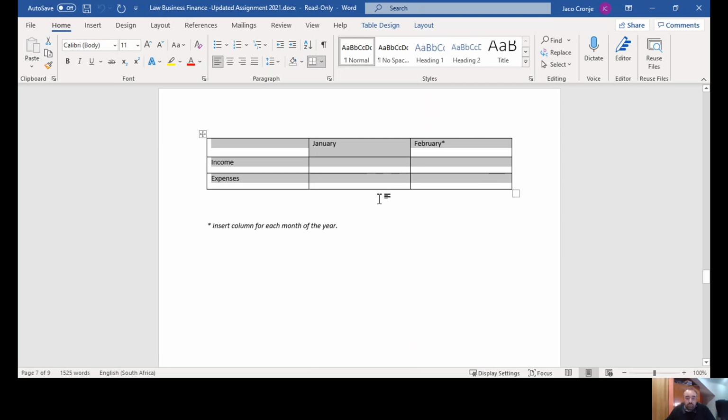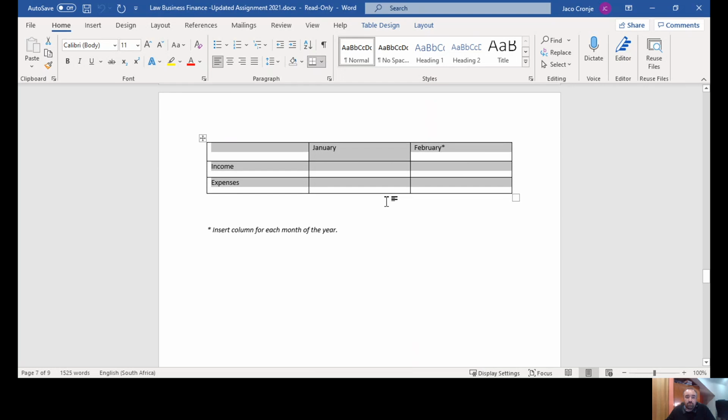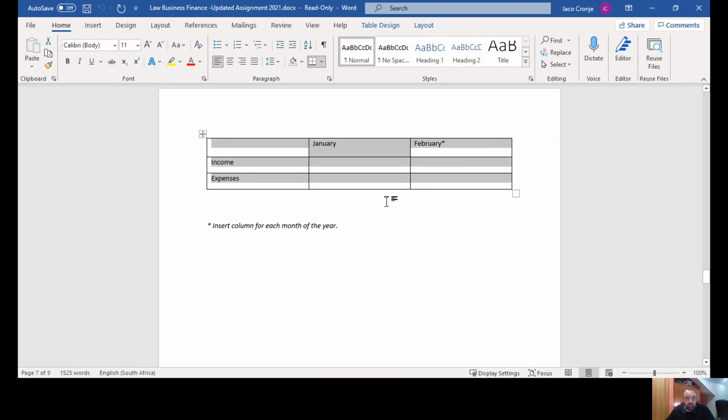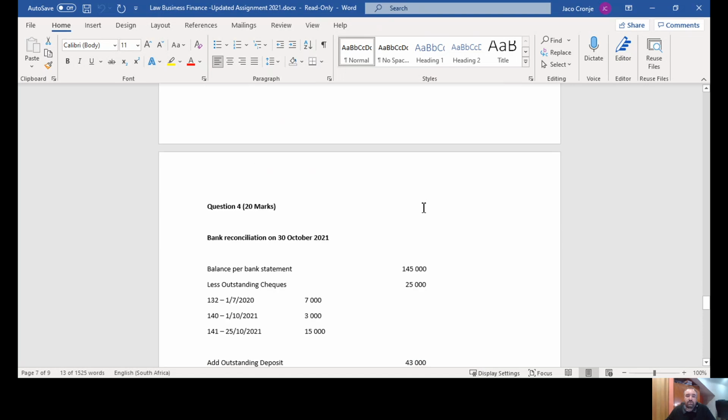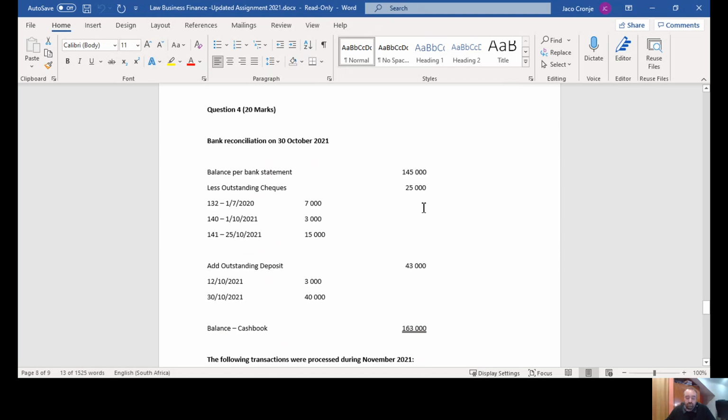The format that we wanted and the format on the mark plan is exactly the same format that I had in the training lectures. So there's a budget, it's got income and expenses. We had 4 months, you'll have 12 months. The cash flow looks exactly the same as the one we did in the training example. So please don't let this throw you off that the format's any different. Stick to the format in the training example that we did in the lecture on budget and cash flows.